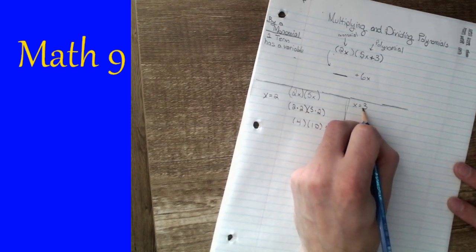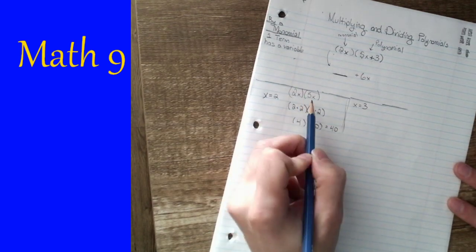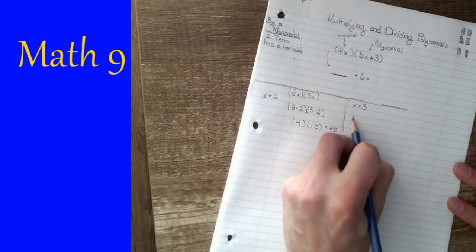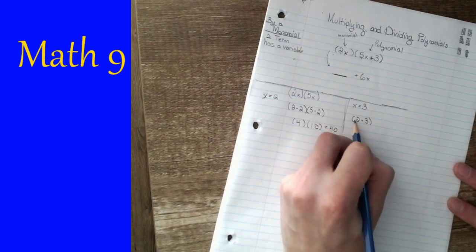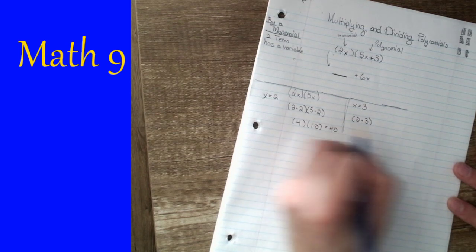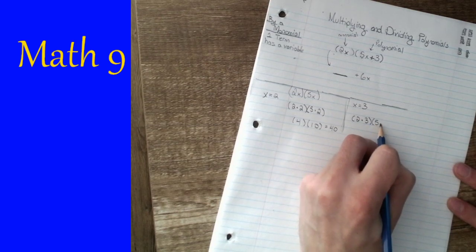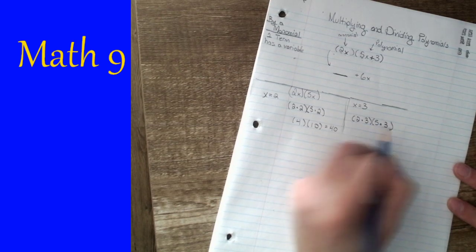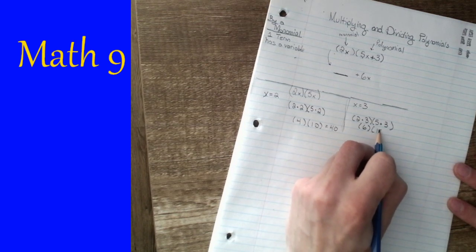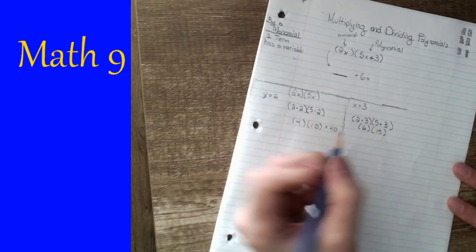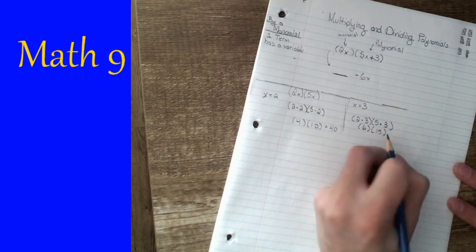Well, we still have 2x times 5x. So we have 2 times 3, because that's what x is, 2 times x, multiplied by 5 times 3. And that comes out to be 6 multiplied by 15, and that is equal to 90.